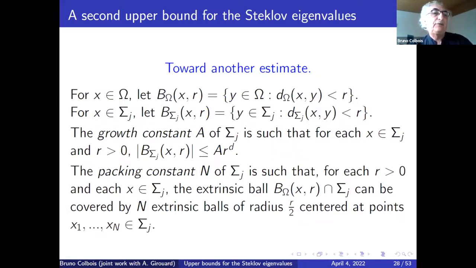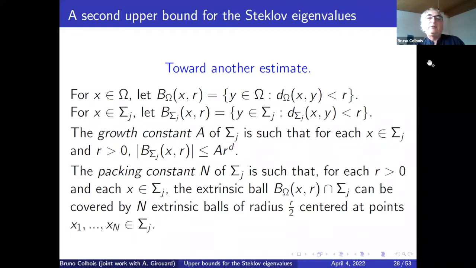And sometimes you have to control the growth of balls. And of course, if you have a lower bound on the Ricci curvature, because of the Bishop-Gromov theorem, you can control the growth of balls. But most of the time, it's enough to control the growth of balls. It's not crucial to have the control of the Ricci curvature.